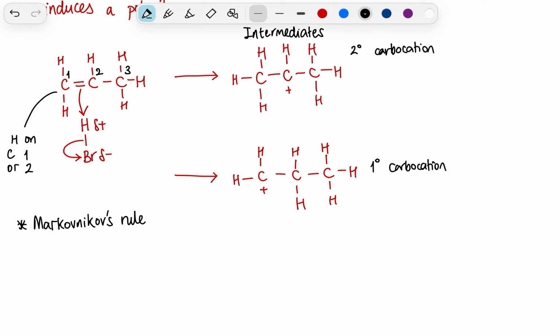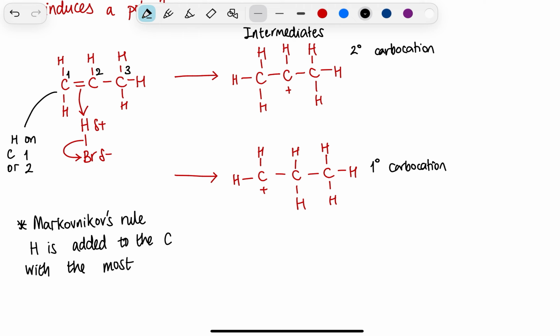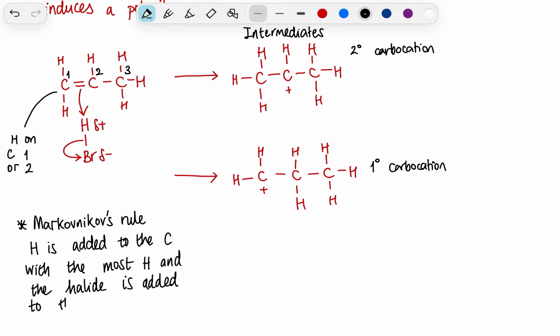Markovnikov's rule states that the hydrogen is added to the carbon with the most hydrogens, and the halide is added to the carbon with least hydrogens.